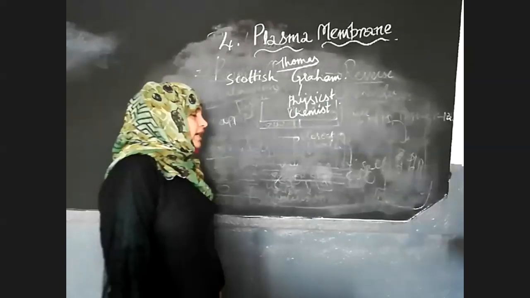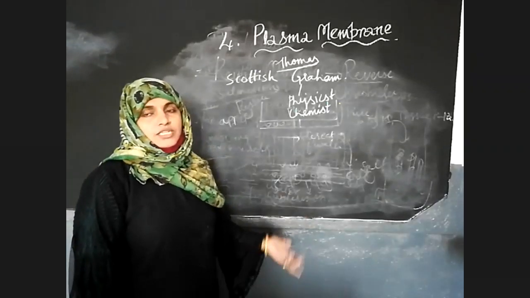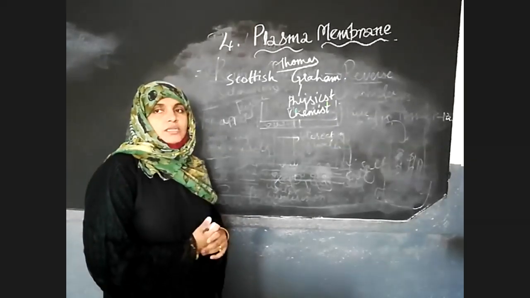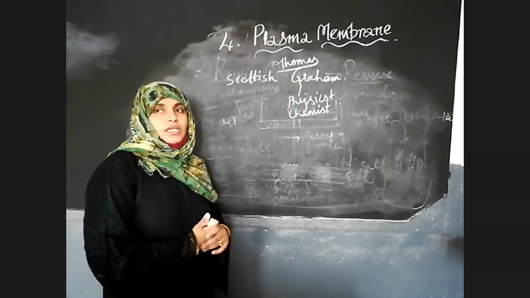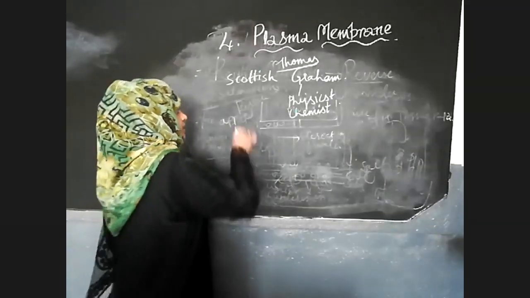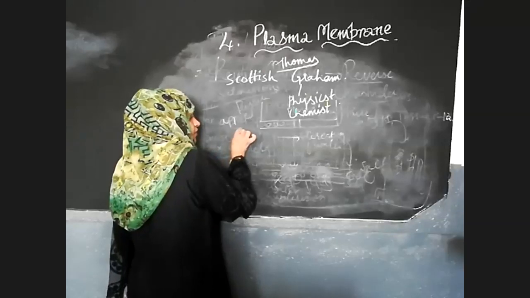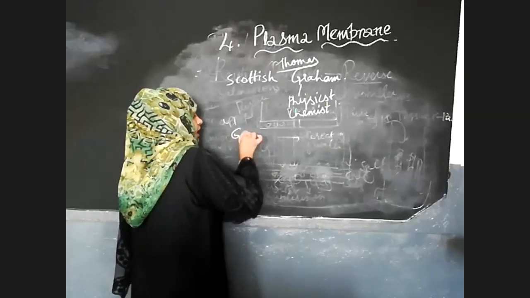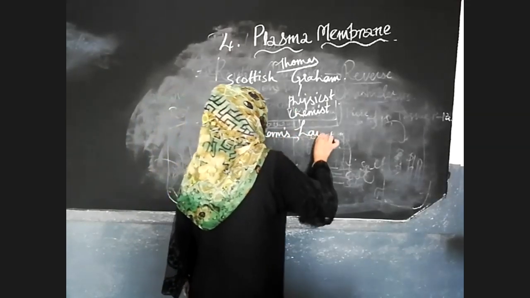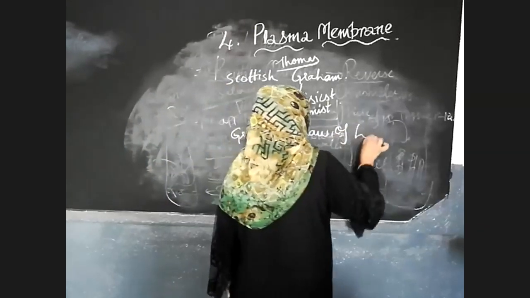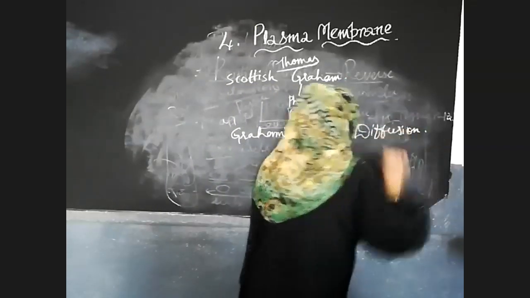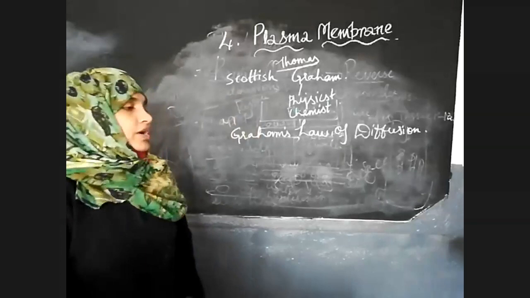He said that more soluble substances diffuse faster than less soluble substances. Such a process is called Graham's law of diffusion.